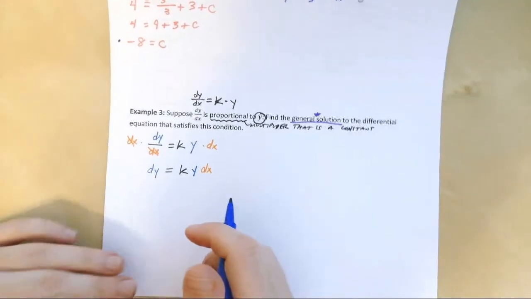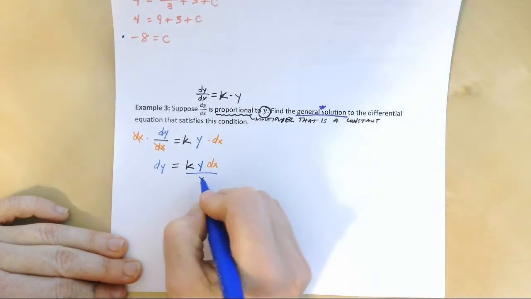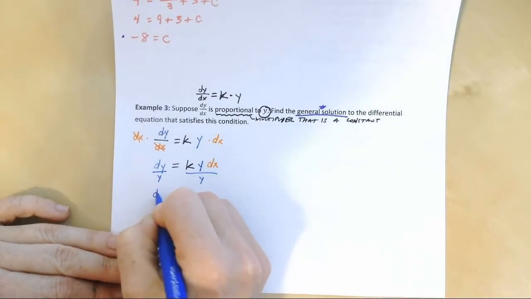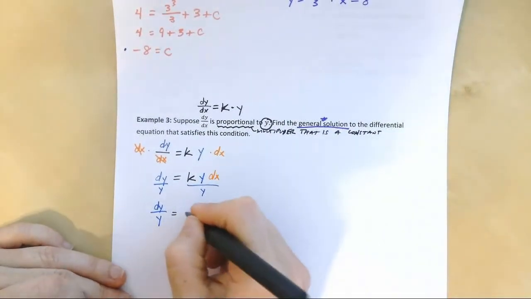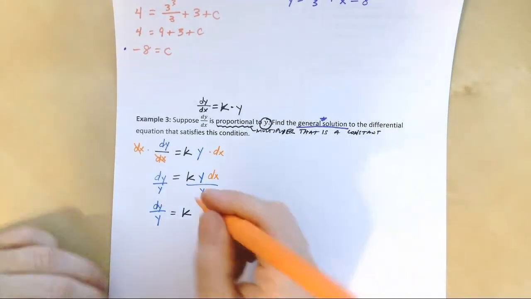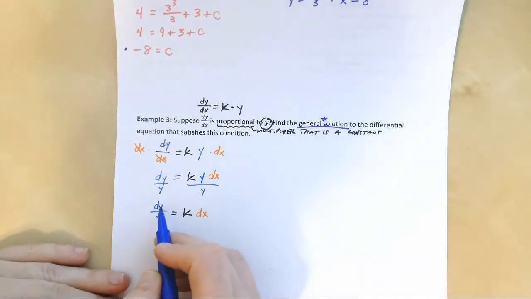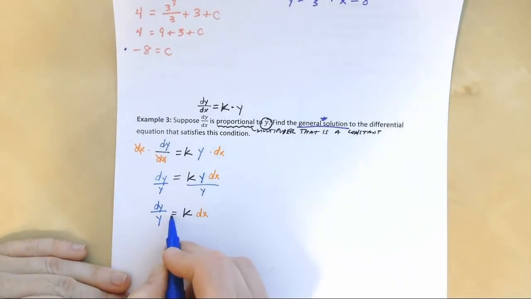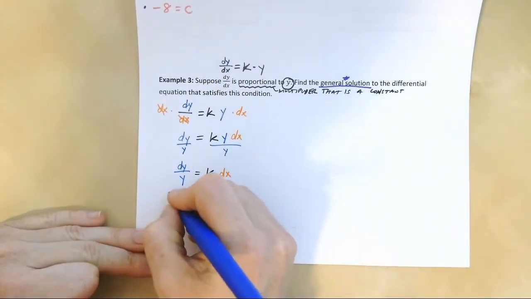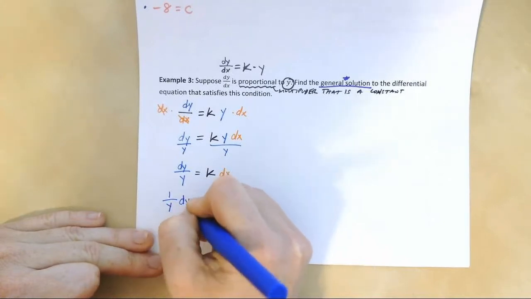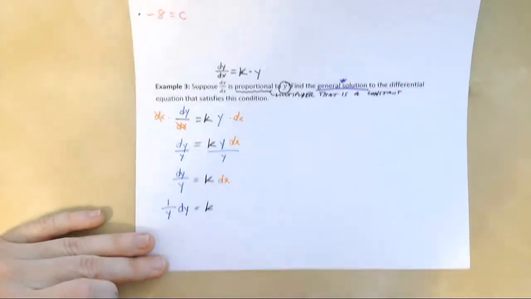Now we need to get the y on the same side as the dy. So we're going to divide by y. We have dy over y equals k dx. Really quick, remember, our next step is to integrate, and I would like for you to put the dy out in front anytime we have a fraction. So we change that to 1 over y dy equals k dx.